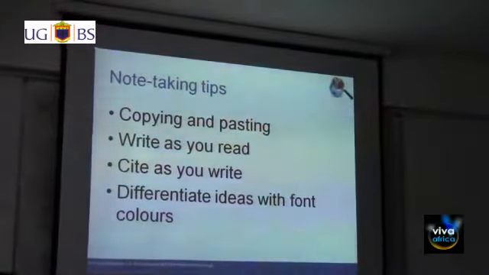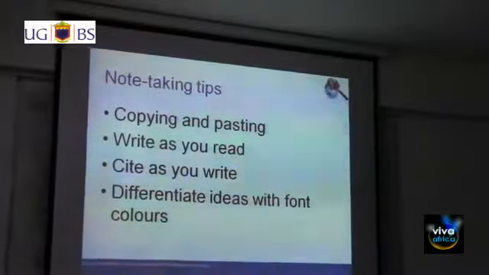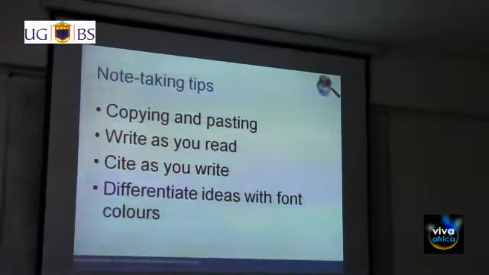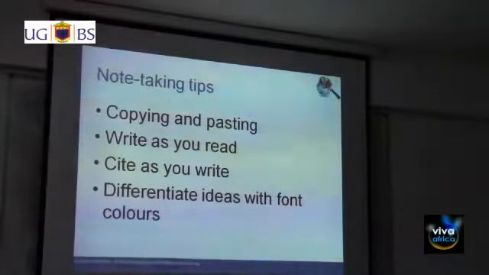It's a normal note-taking tip, you may know. But in Word, you can also use different font colors to differentiate your ideas from other authors' ideas. So that later on, when you paraphrase, you can put it back in black text and then you cite it.